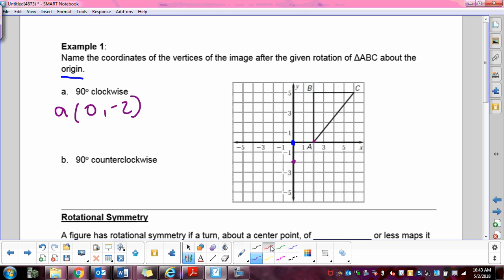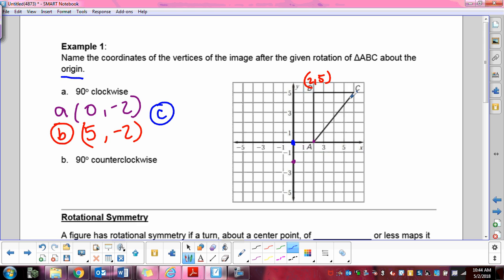When we rotate B 90 degrees clockwise, we are at 2, 5. And when we rotate it, that is going to be 5, negative 2. And then C, try C over here, is at 6, 5. C will be at 5, negative 6.